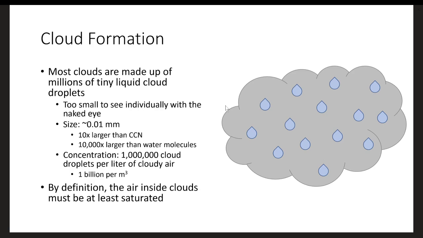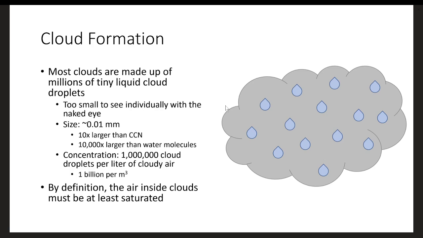So you have this nucleus, and then you have water vapor that's condensed onto it and turned into liquid water. The droplets are about 10,000 times larger than water molecules.